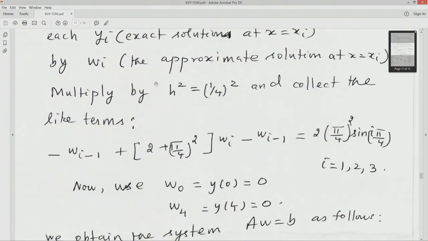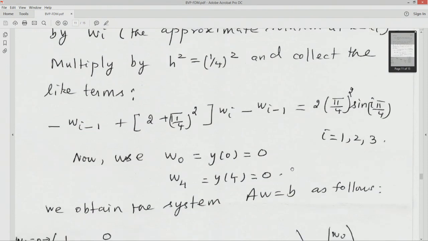So, when we do that, we get minus w i minus 1 plus this coefficient into w i minus w i plus 1, and that is equal to the right hand side, for i is equal to 1, 2, 3, and this equation has been obtained after multiplication by h square, which is 1 by 4 the whole square.